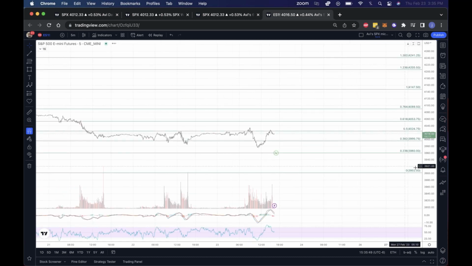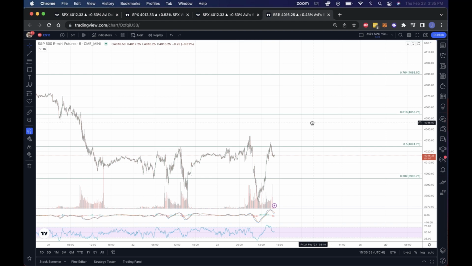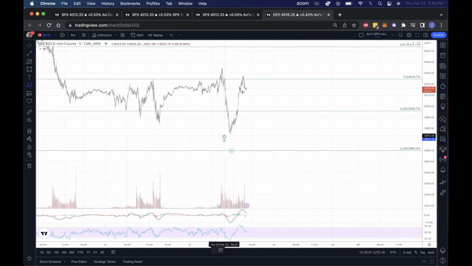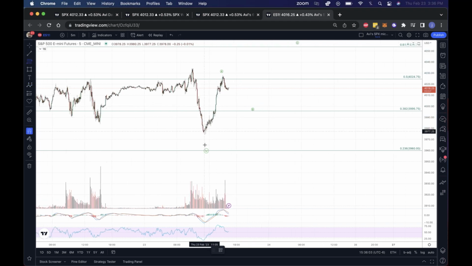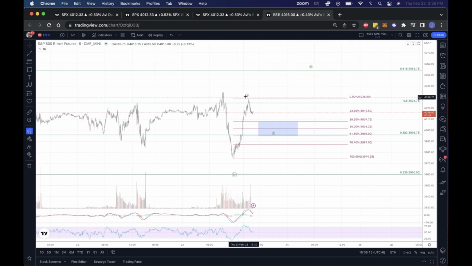Okay, so when we're looking at the ES, ideally we've bottomed here in the wave 4. And if our initial A has topped, and we're looking at a B wave here, our overnight retrace support is here in the 3995 to 4008 region.